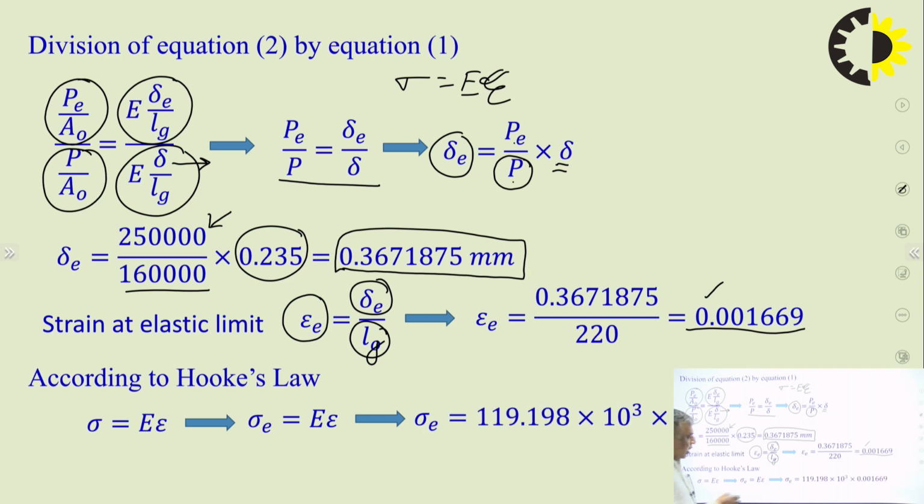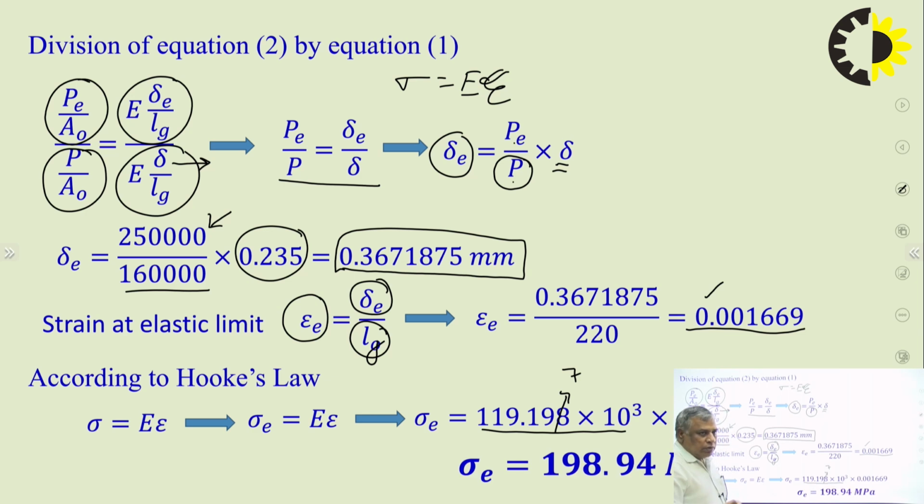Values put again, multiplied by 10 to the power 3 is megapascal, multiplied by 0.001669. What should be the unit for sigma E? The answer will come in megapascal or Newton per mm square. The product will result in 198.94 megapascal. So we have decided the stress at the elastic point.